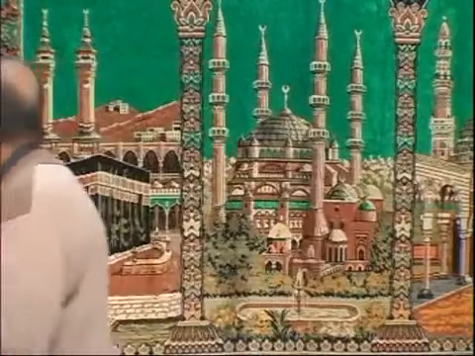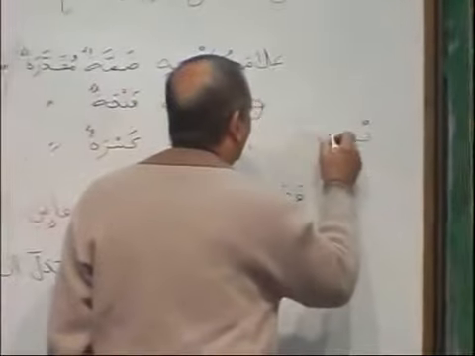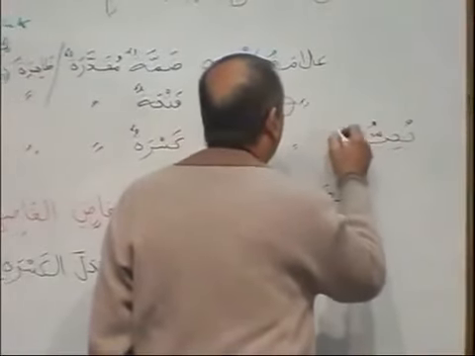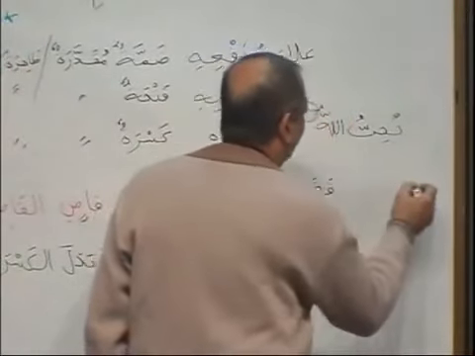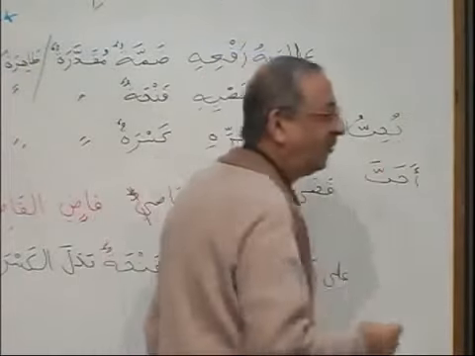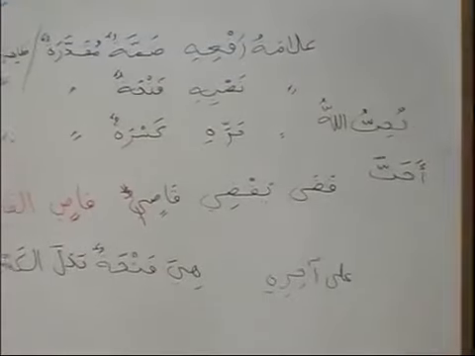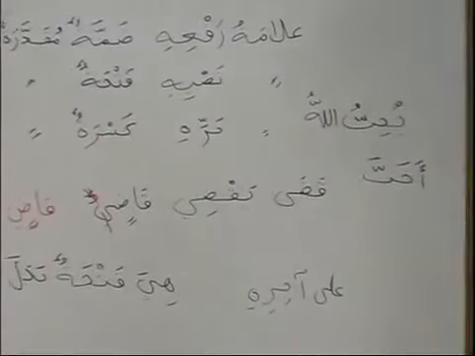Maybe I should write it down. Soon we will be doing all these things. Yuhibbu Allahu. The verb is ahabba. This is form 4, bab if'al. Ahabba yuhibbu.